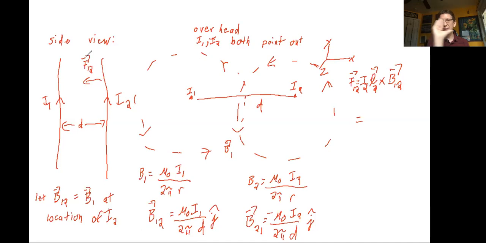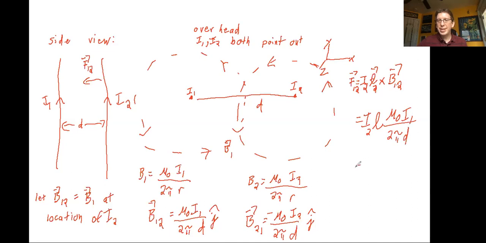So it's towards I1. And so what you get is I2 times L times B12, or the magnitude of it, that's mu naught I1 over 2 pi d.